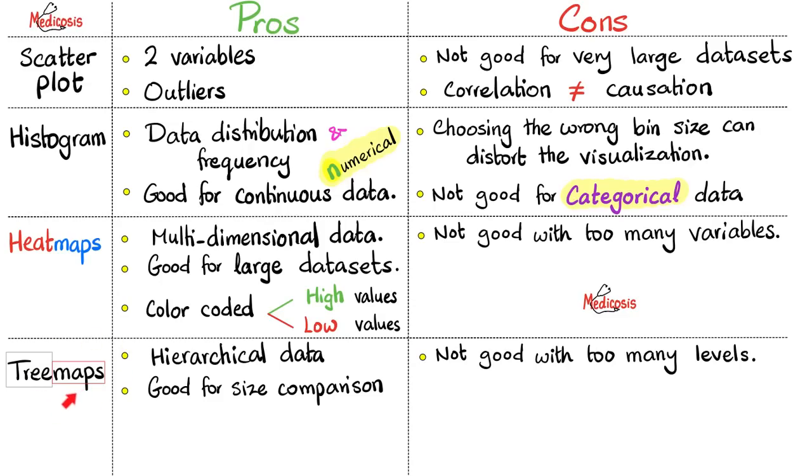So what are the pros and cons of tree maps? The pros: data in hierarchies are represented. There are the biggest companies, and then big companies, and then small companies, smaller companies, the smallest companies, etc. And it's very good for size comparison, as we have seen. What are the disadvantages? Not good with too many levels.